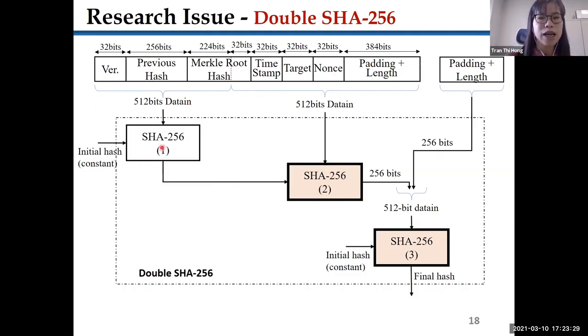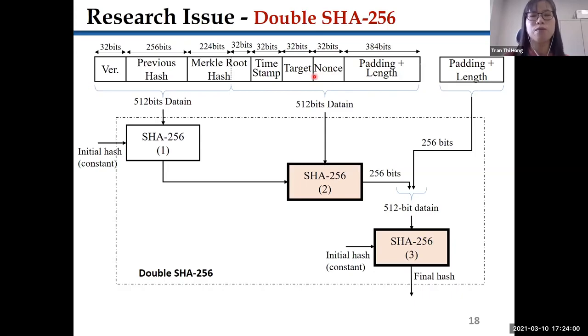The first SHA takes the first 512 bits of data, the next SHA takes the next data, and the final SHA is for the double hash calculation. In this header, notice that only the nonce data is changed from one block attempt to the next. The other data does not change, we only change the nonce data.